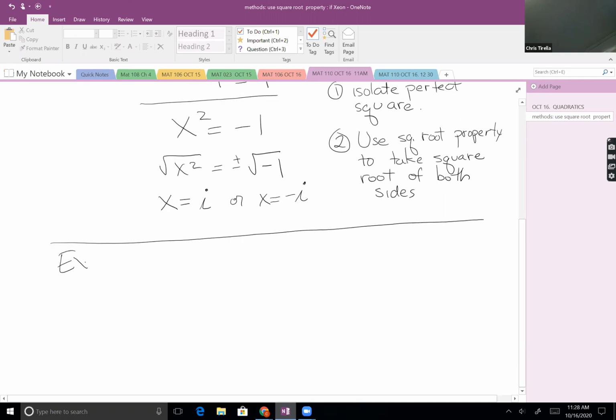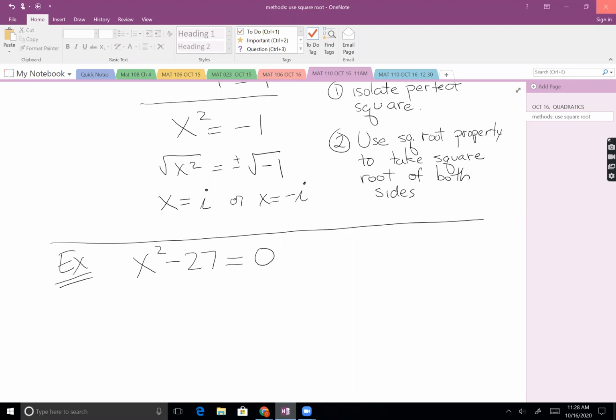Another example, if I have x squared minus 27 equals 0, is everybody all right that this one is not factorable? Quick question about the i. I always thought i was always a negative number. There's a positive i.